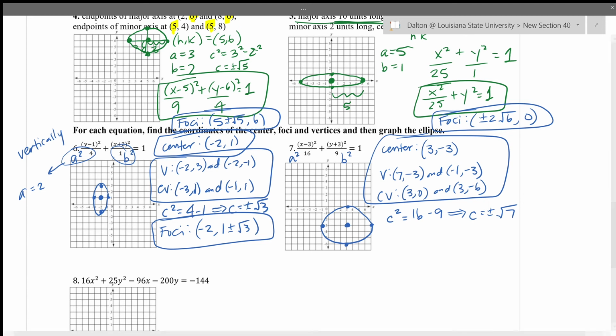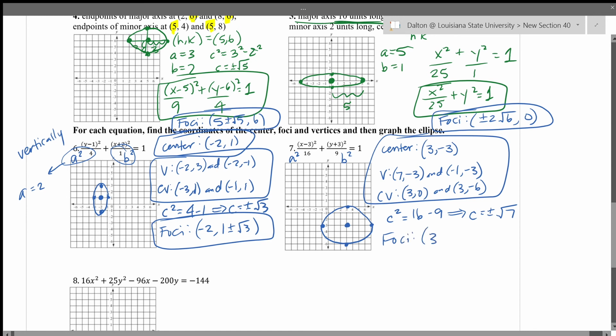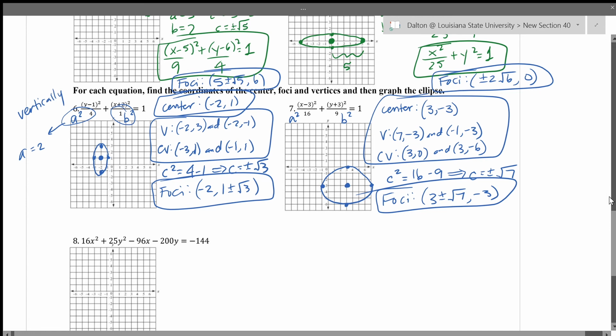This time we're being stretched in the x direction, so we're going to take our center point and add C to the x term, or the h term rather. So it'll be 3 plus or minus the square root of 7, comma, -3. All right, almost there.